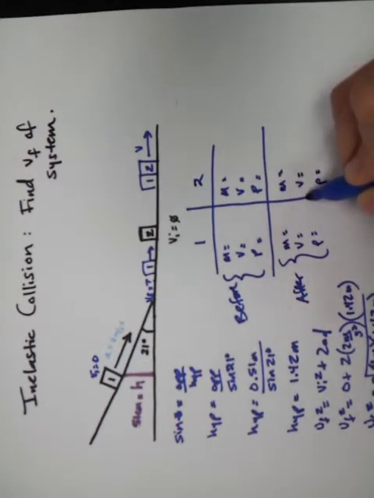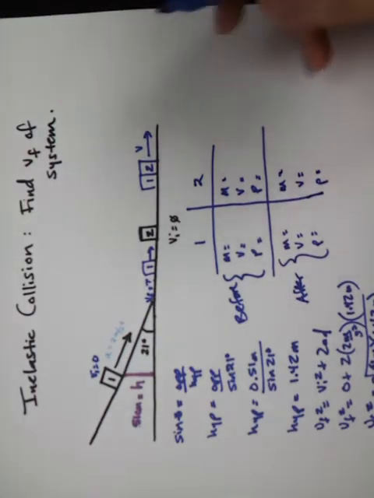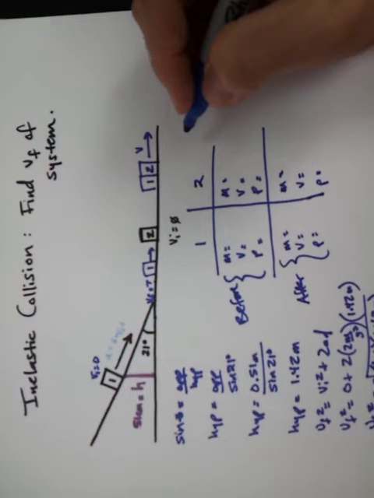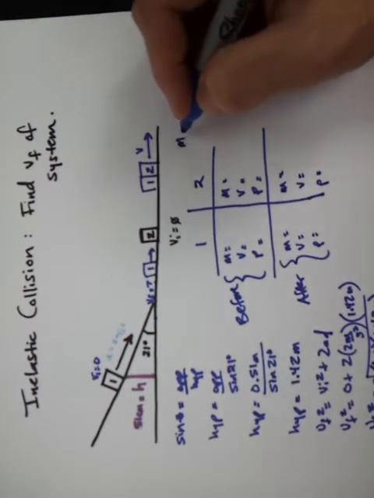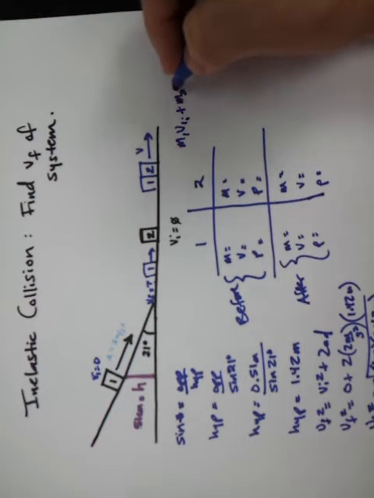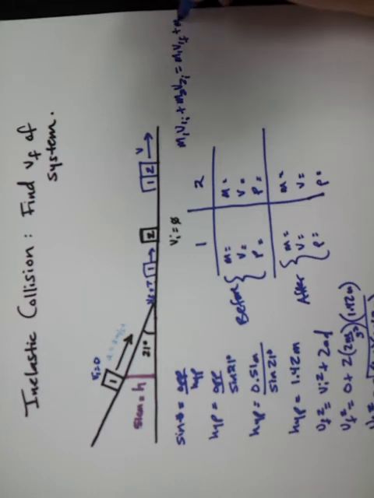We will be using this equation. Basically, you're just saying m1 v1 initial plus m2 v2 initial is equal to m1 v1 final plus m2 v2 final.